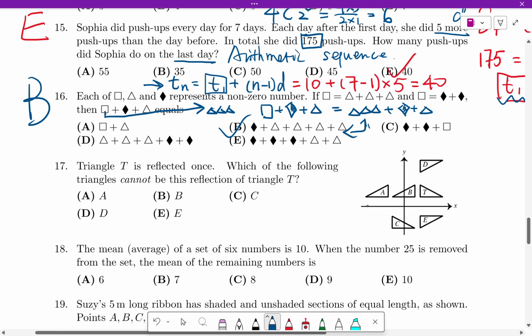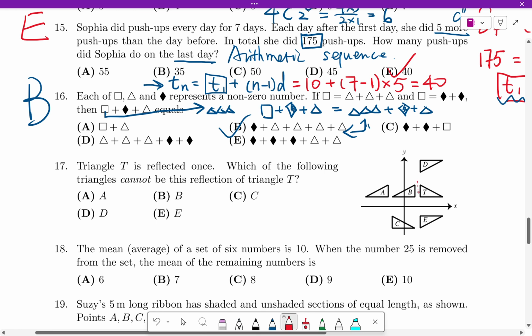Question 17. Triangle T is reflected once. Which of the following triangles cannot be the reflection of triangle T? So we can see that triangle T can be reflected over several different lines.